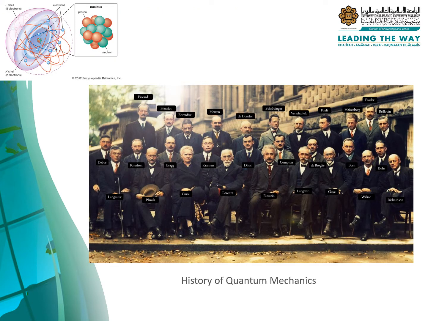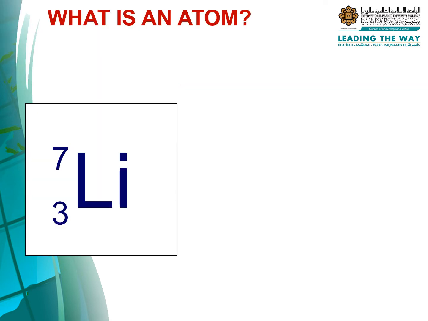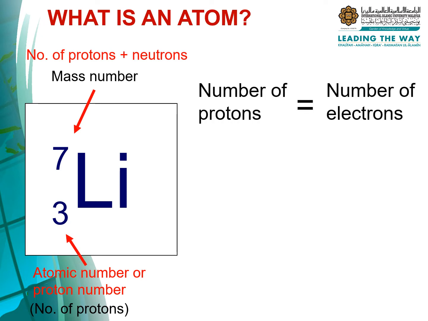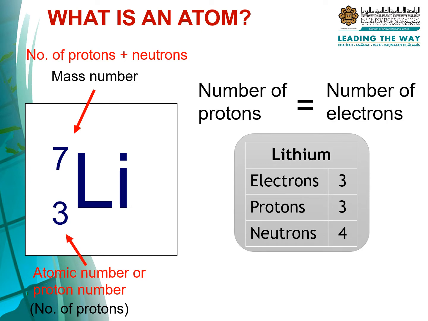We know the atomic theory well because of these people. Have a look at an example, the element lithium. The number of protons plus neutrons, or mass number, is 7, and the atomic number, or number of protons, is 3. The number of protons equals the number of electrons.